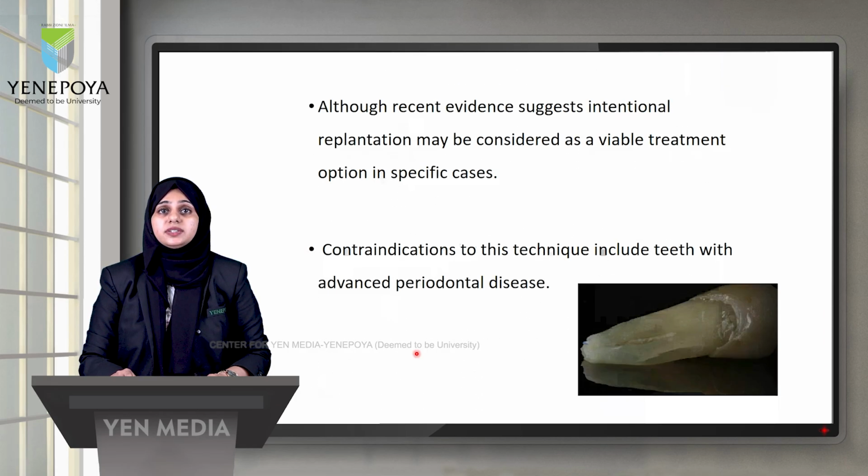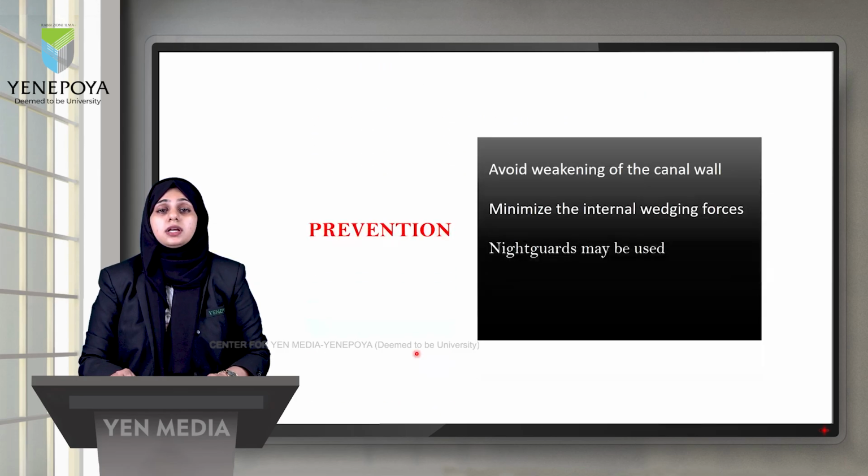Although recent evidence suggests intentional reimplantation may be considered as a viable treatment option in specific cases. Contraindications to this technique include teeth with advanced periodontal disease, because there might be a fracture of the tooth or root during the extraction if it is extensively restored.